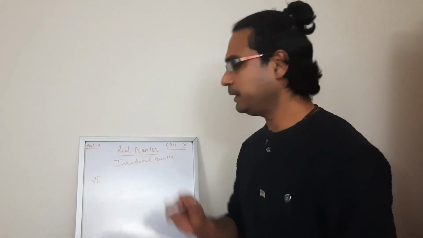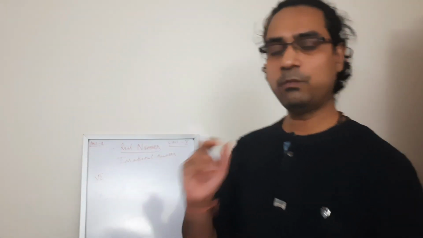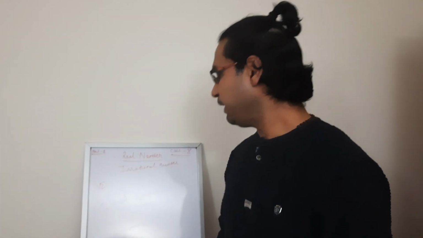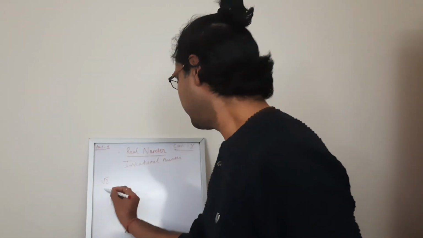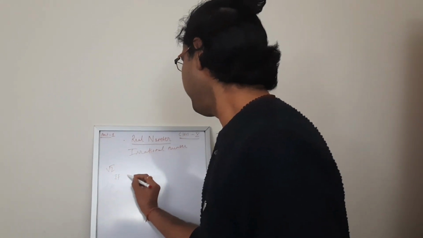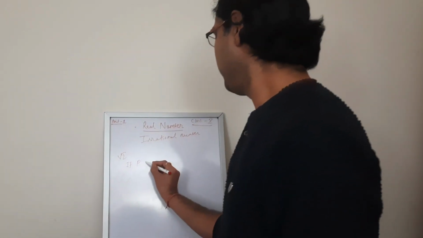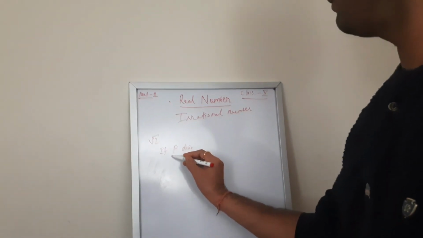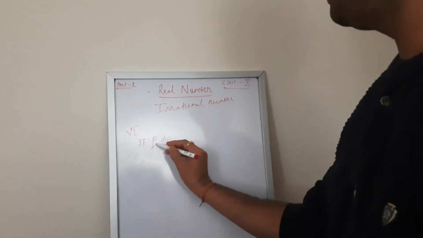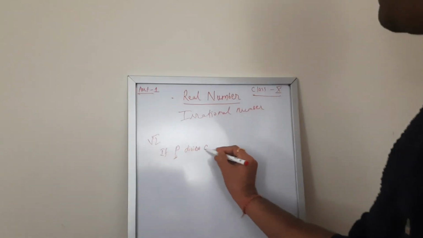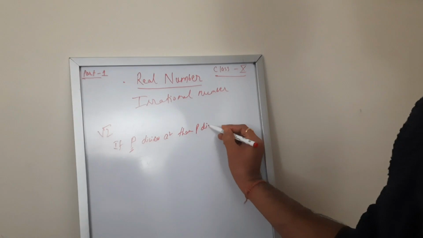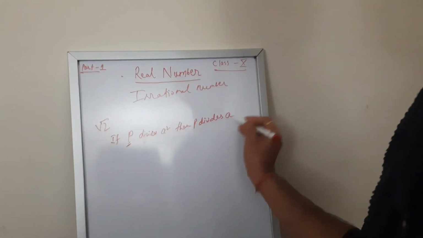But before proving this, we need to prove one more theorem, and that theorem says that if p is an integer, p is a prime number, and this prime number divides a square, then p divides a.